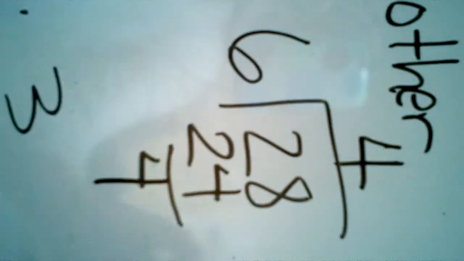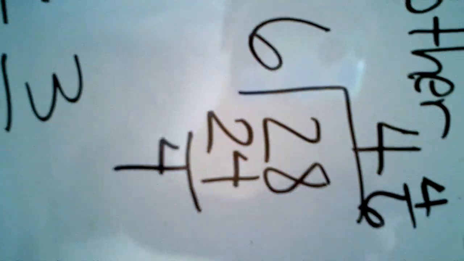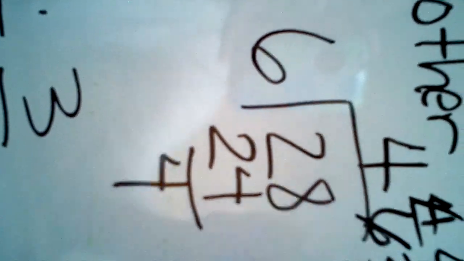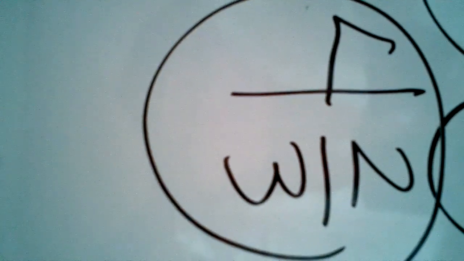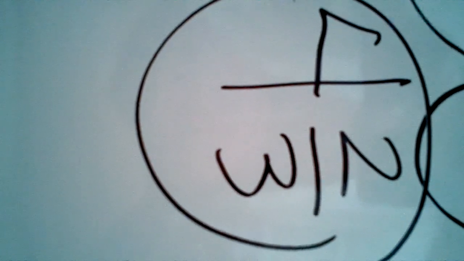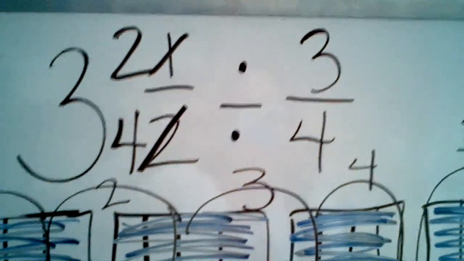So that fraction becomes 4 4/6, which reduces to 4 2/3. Here again, our answer from the keep it, change it, flip it model matches exactly with our answer from the visual model. So we have here again proven that we can show visual models for fraction division for the problem 3 1/2 divided by 3/4.